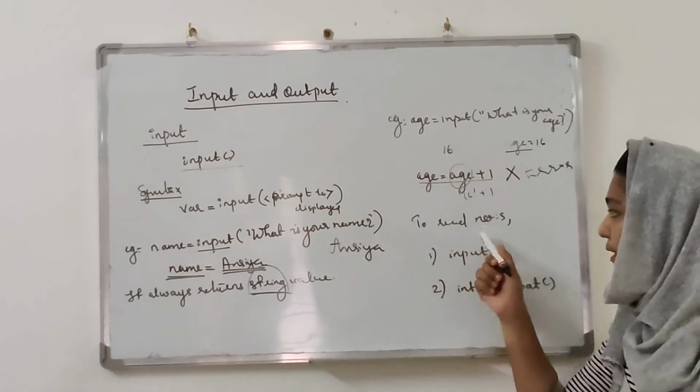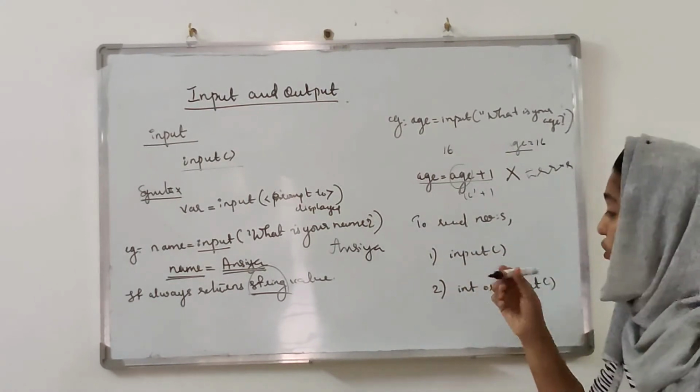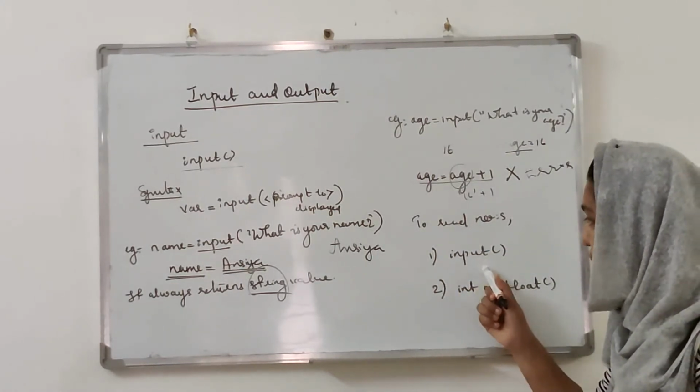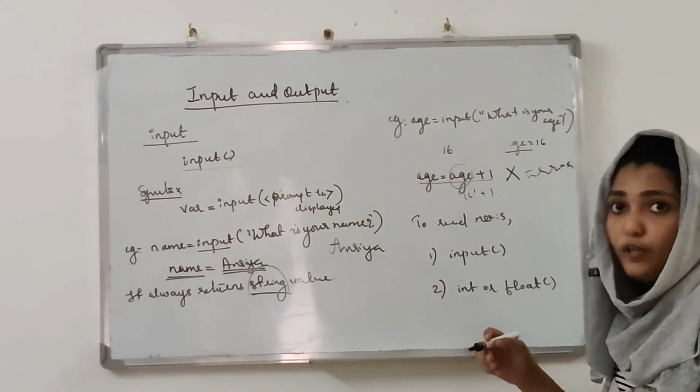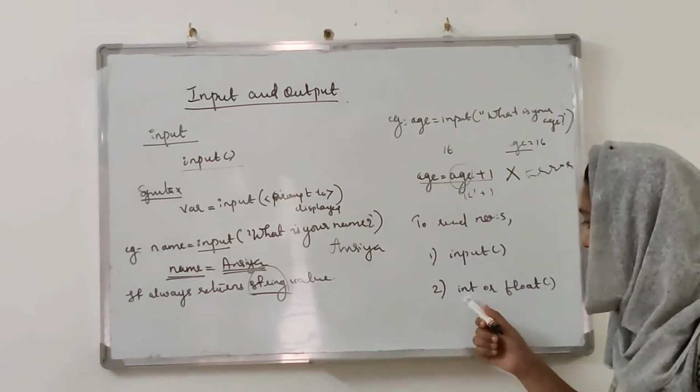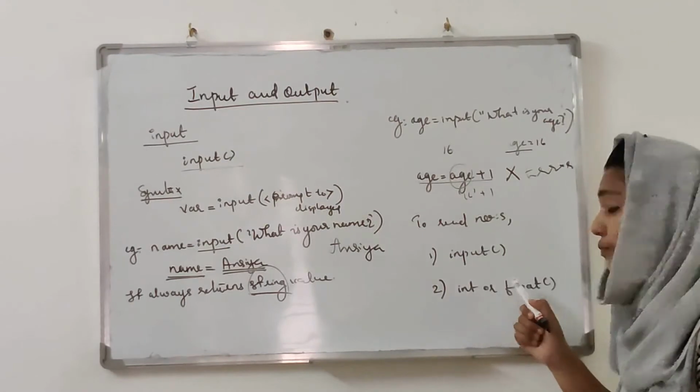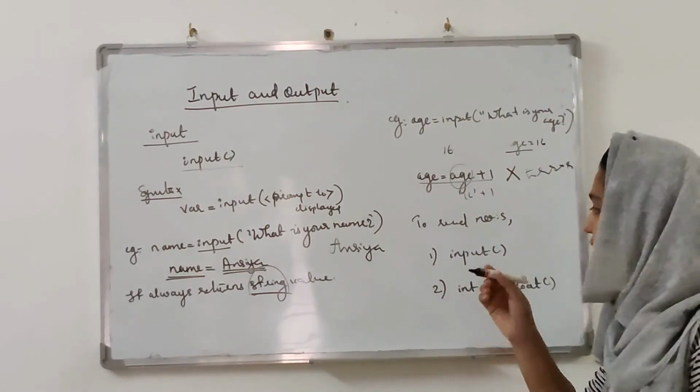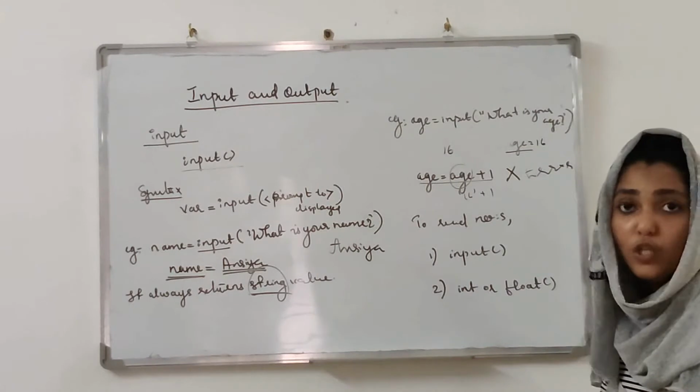In order to read numbers, the rule is: first, using the input function, get the value from the user. After that we can use the int or float function to change the string value to an integer value.